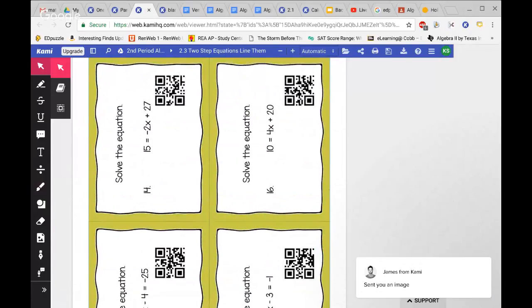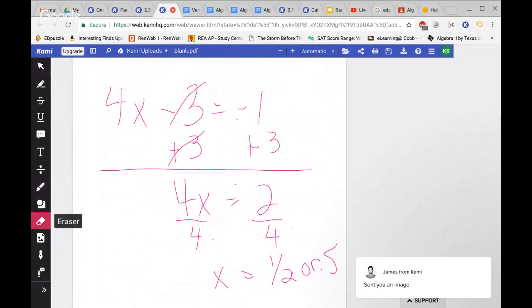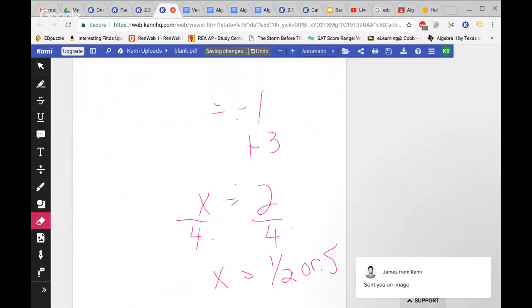10 equals 4x plus 20. Am I doing this right so far? Yes.